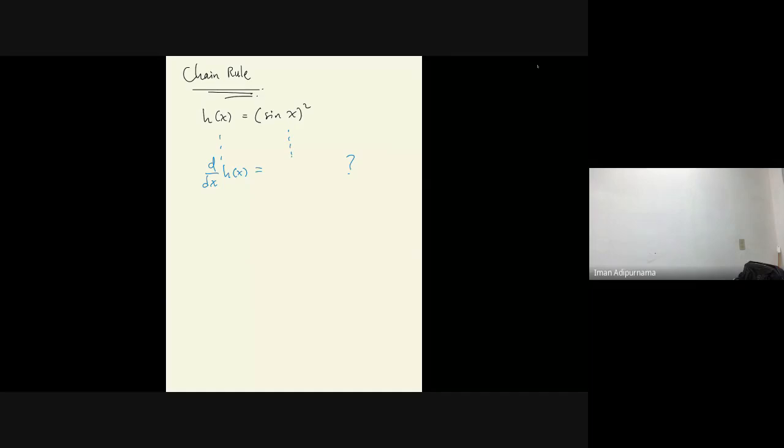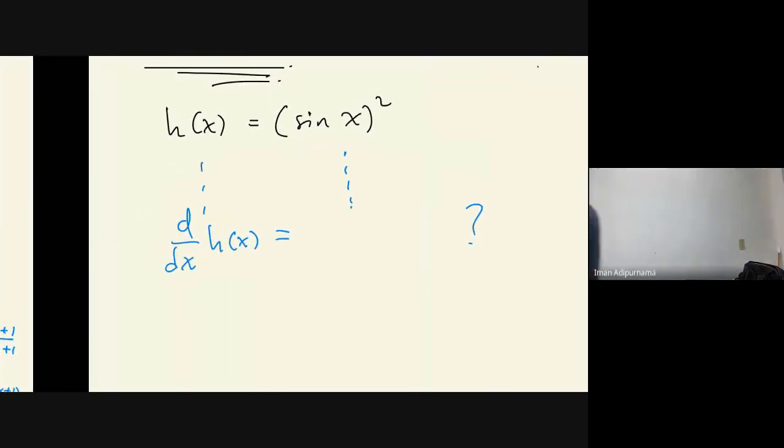Okay, any idea for sine x squared? Let me make it bigger. Okay, sine x squared. Any idea? 2 sine x.